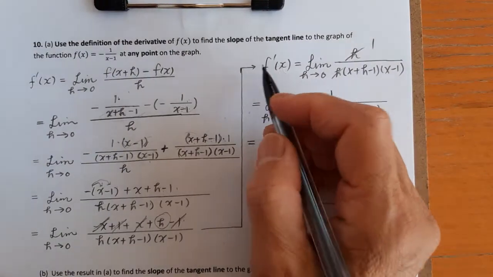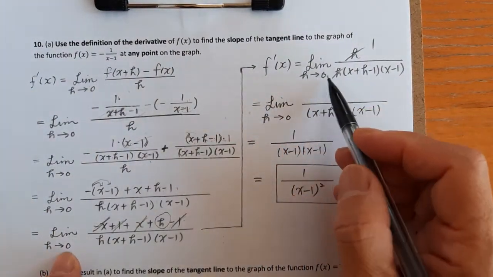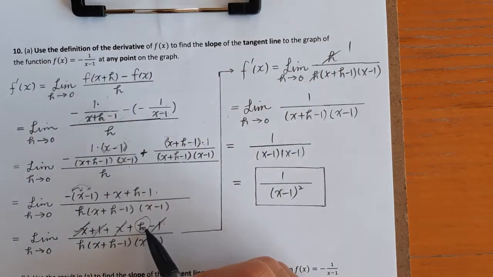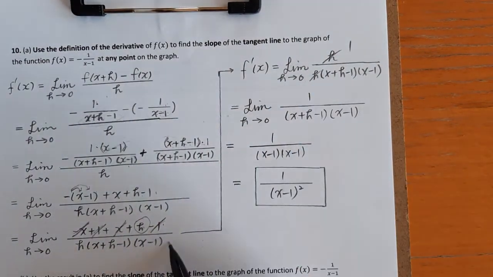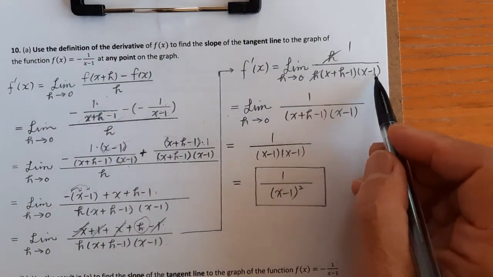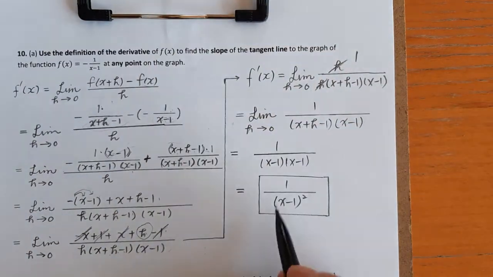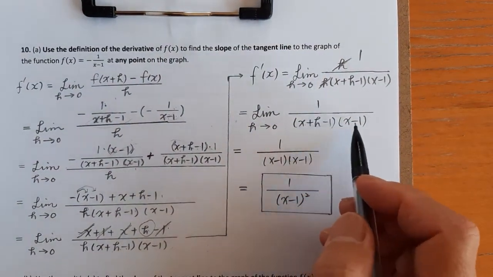So then f prime of x equals the limit as h approaches 0. Only h remains in the numerator, and the denominator is still h times x plus h minus 1 times x minus 1. Then cancel the common factor h, so it becomes 1 over this.